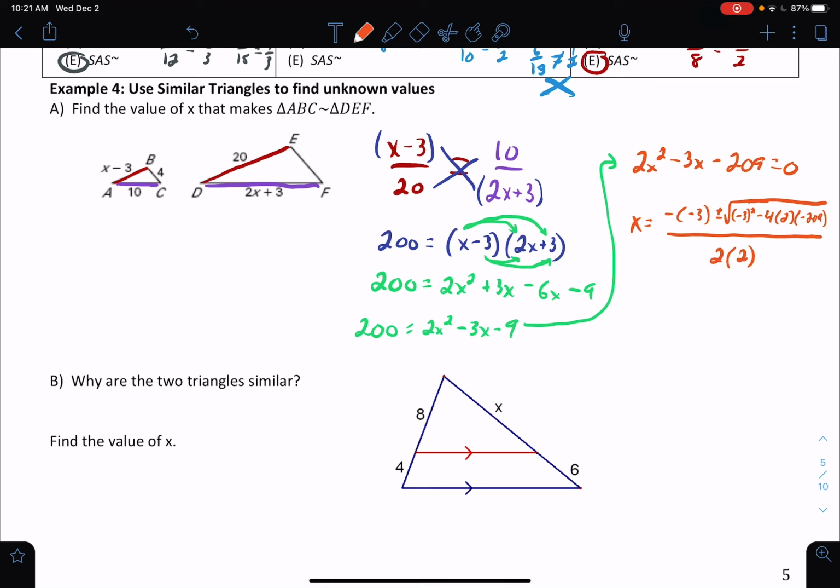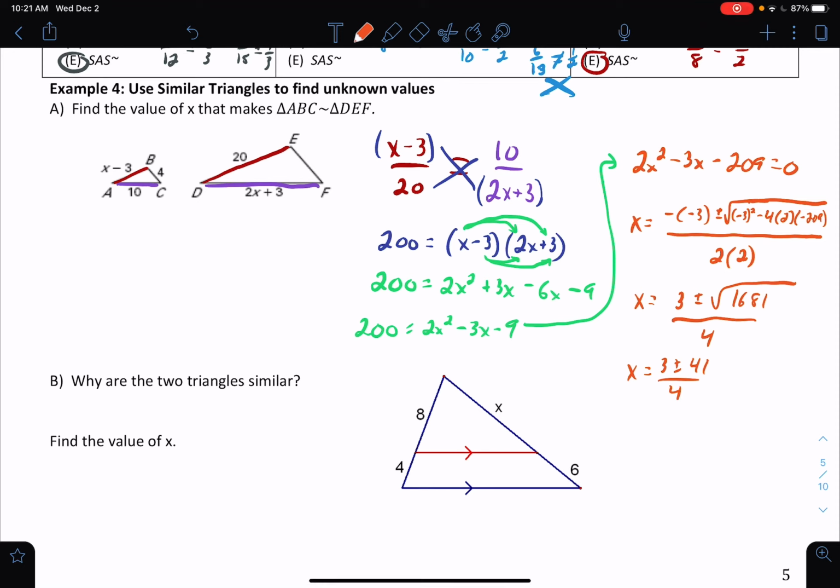All right, so my numerator simplifies to 3 plus or minus, and underneath that square root, that's going to simplify to give me 1,681 all over 4. Okay, so what is the square root of 1,681? Is that a nice number? Yes, it is. So x equals 3 plus or minus 41 over 4.